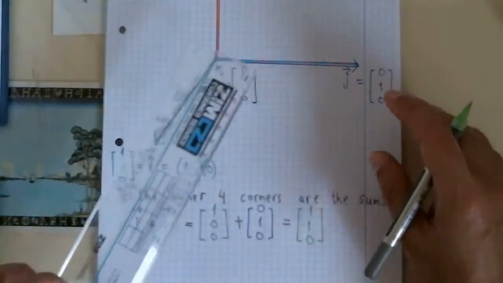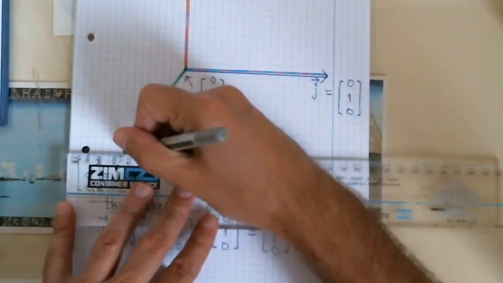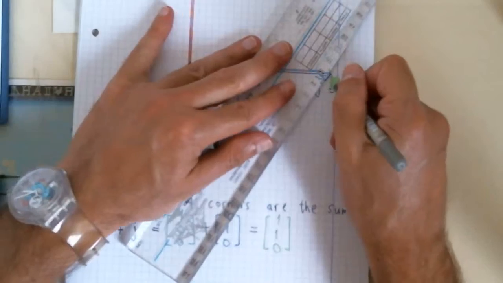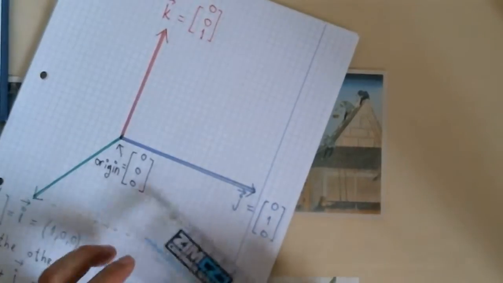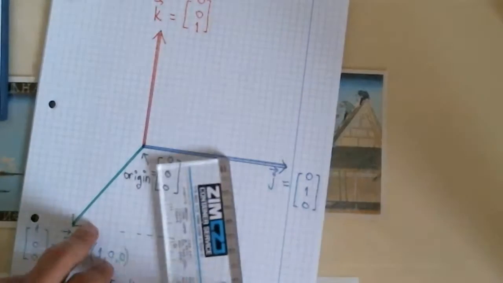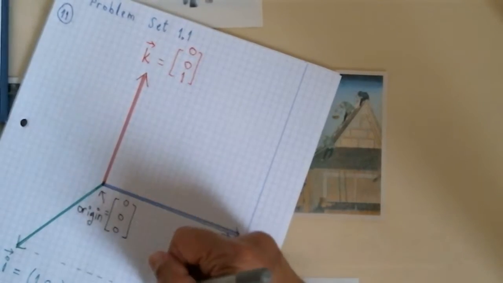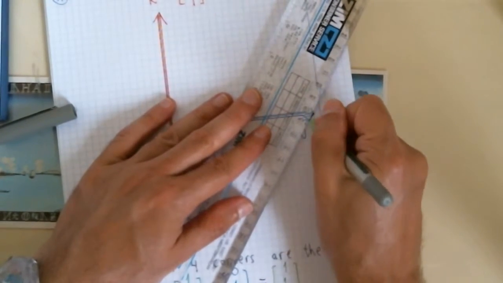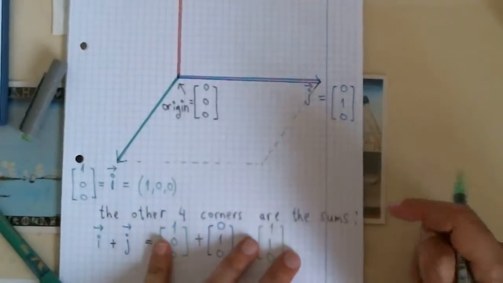If I make a line from here and here, so it's I plus J is here.